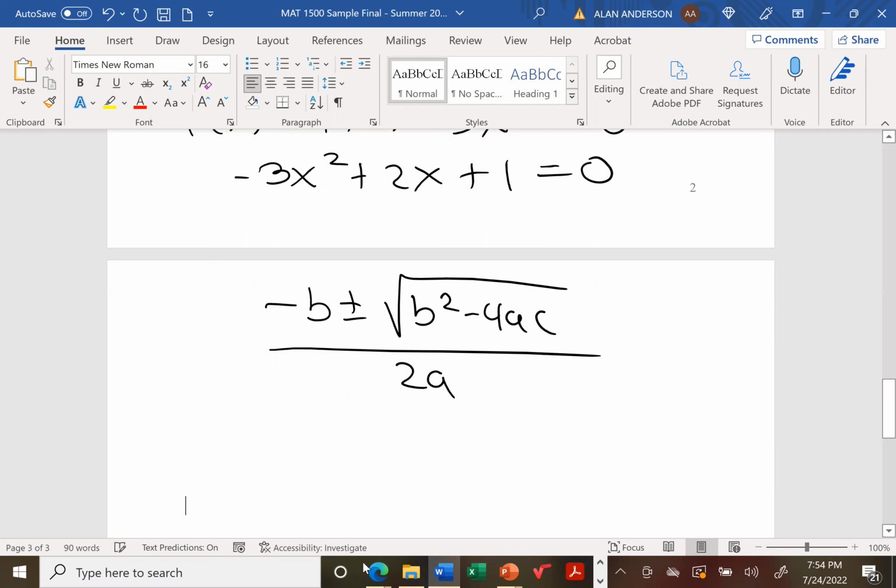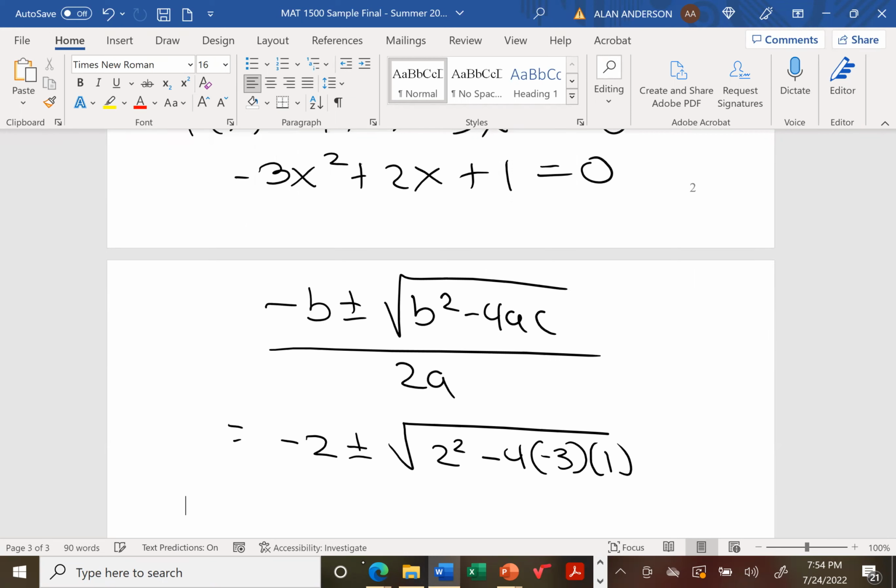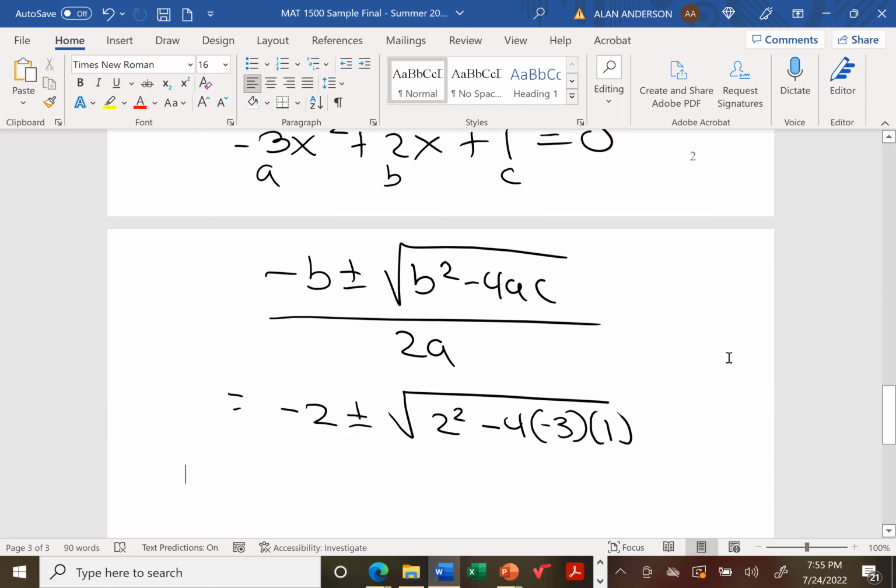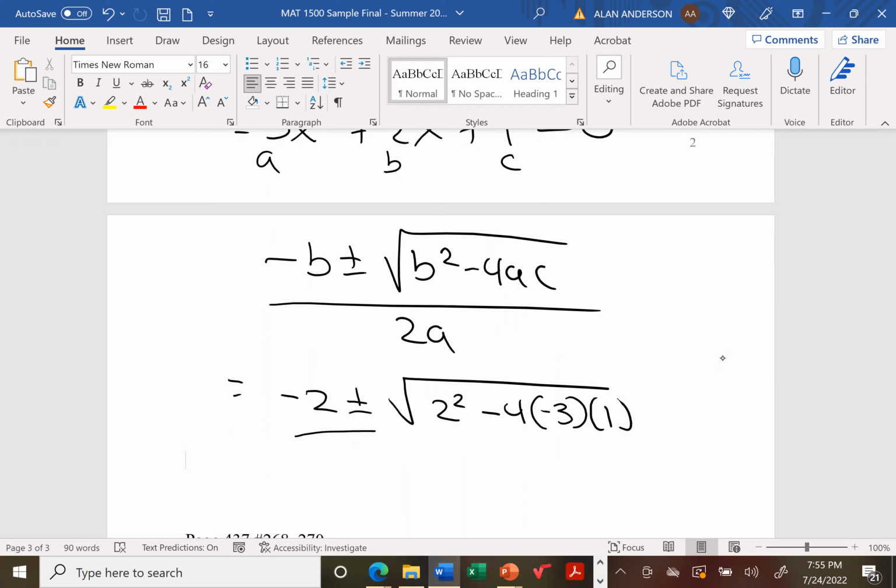Okay, so what do we have here? Oh, I forgot to label them. This is a, of course, this is b, this is c. So a is -3, b is 2. So we have -2 plus or minus the square root of 2 squared minus 4 times -3 times 1, all divided by 2 times -3.